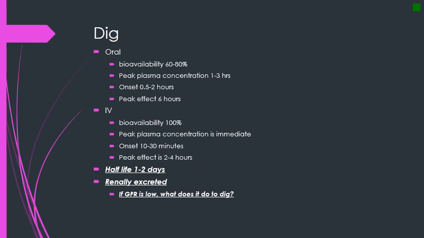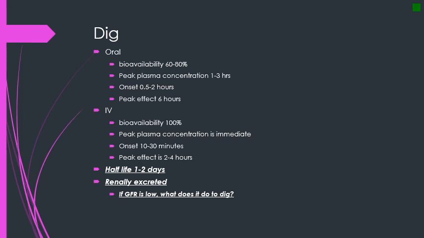Patients who come in that are on oral digoxin, you need to make sure that you understand when their last dose was, because onset's in about a half an hour to 2 hours. The peak is about in 1 to 3, and as far as the peak plasma concentration, the peak effect is actually 6 hours post-ingestion.